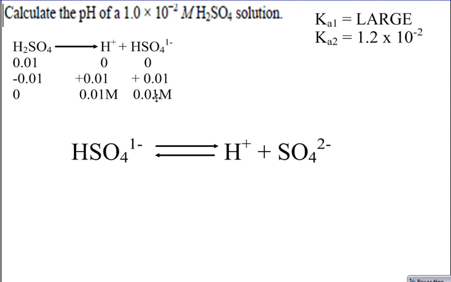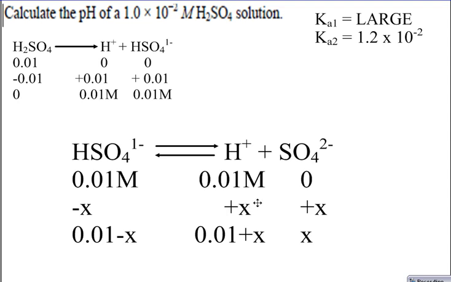If we fill out the rice table for this, we have to take in consideration the concentrations of both the hydrogen ions already in solution, it's like a common ion effect, and the bisulfate. So if I plug those values in, I'll get something that looks like this, where as this bisulfate dissociates, we end up with X amount of hydrogens being added to the 0.1 we already have, and, well, no one's really going to care about the sulfate ion.